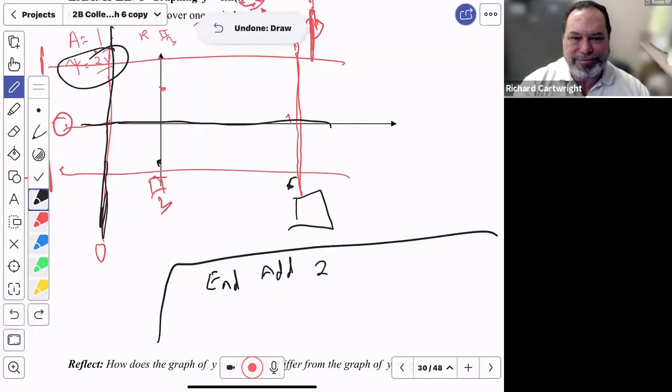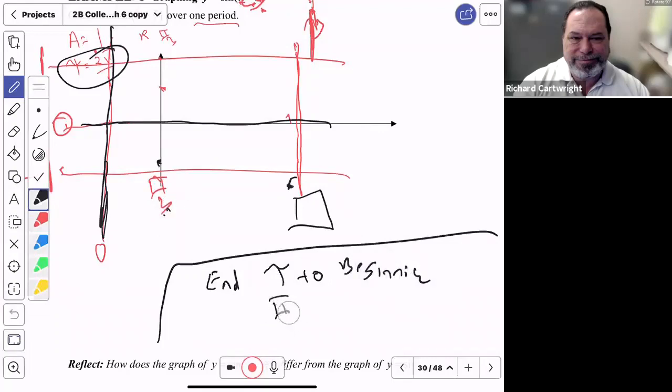That's finding something else. I want to add my period to the beginning. So pi over 3 added to how long will it take to finish? 2 pi.